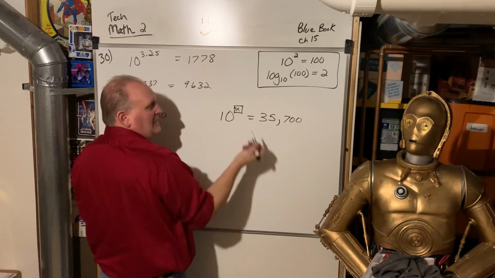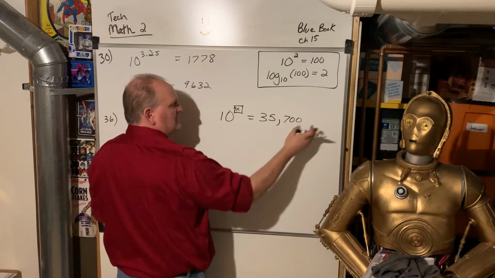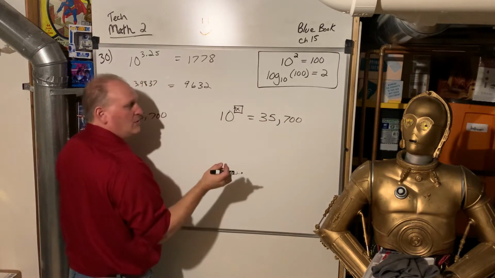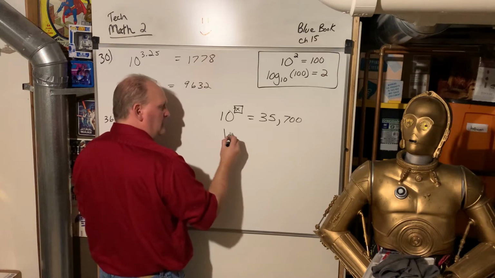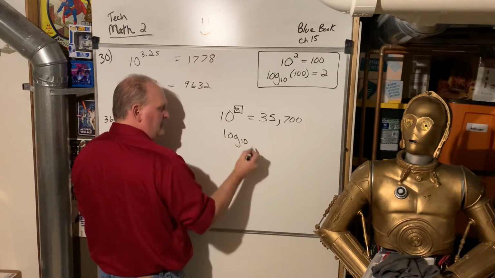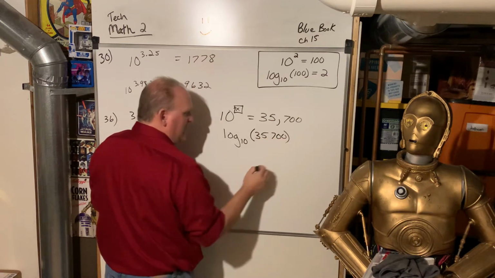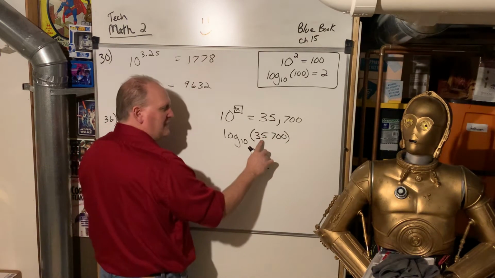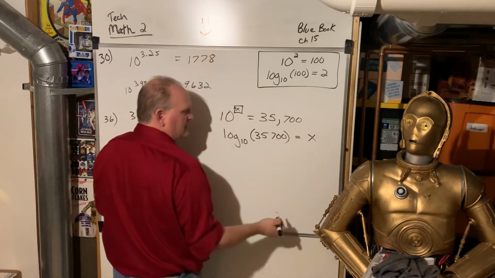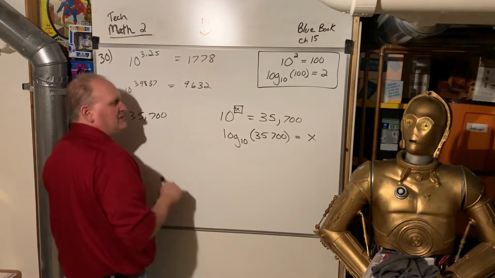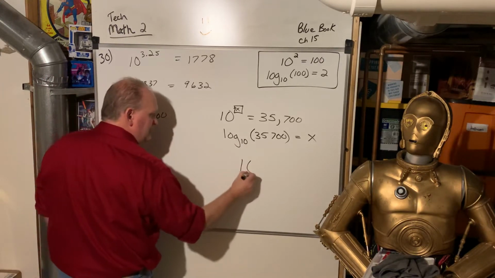We'll call the missing number x. So 10 to the x power is equal to 35,700. If I wanted to figure out what that power was, I would say, okay, well, log base 10 of 35,700. What this is asking is 10 to what power gives me 35,700. And so that's x.